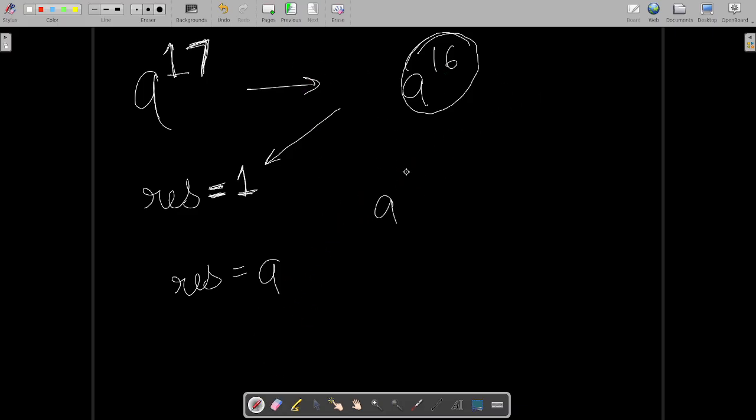For some different number, let's say 11, you write it as a dot a raised to the power 10, you put res as a.